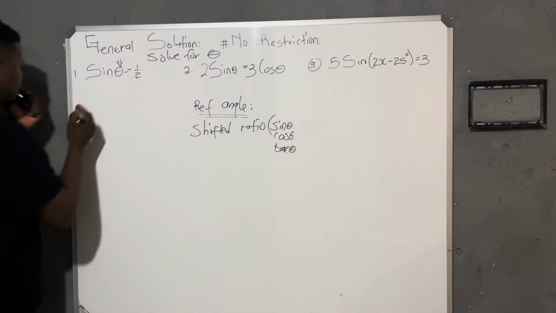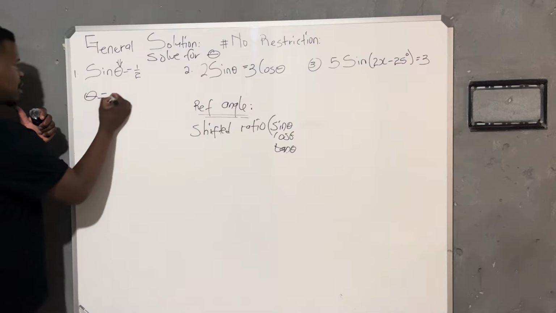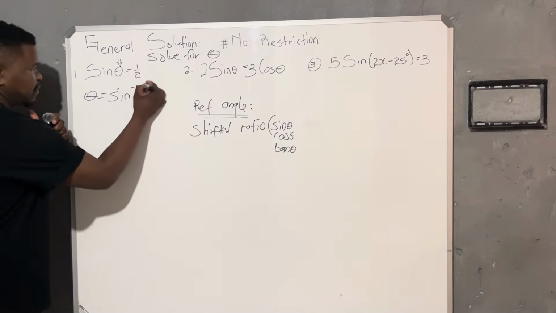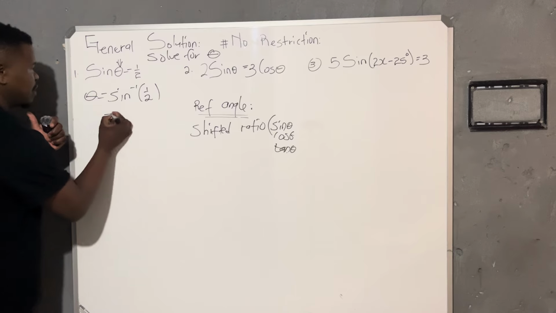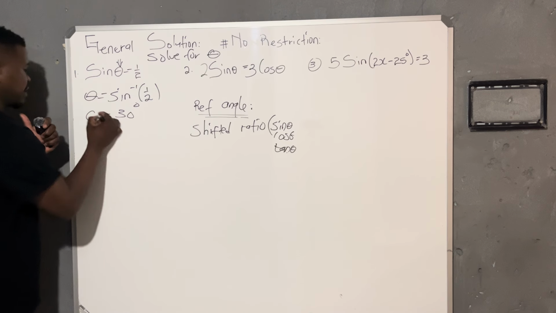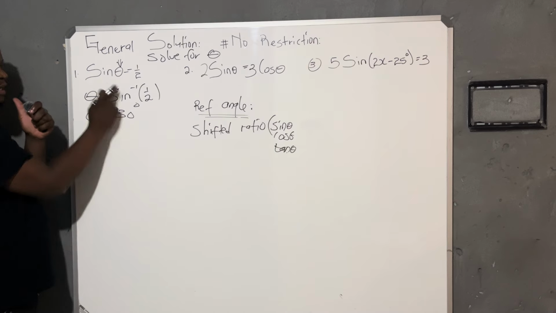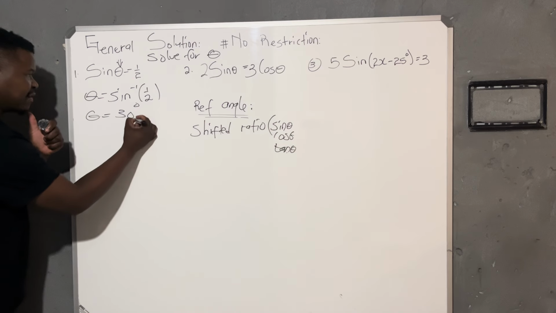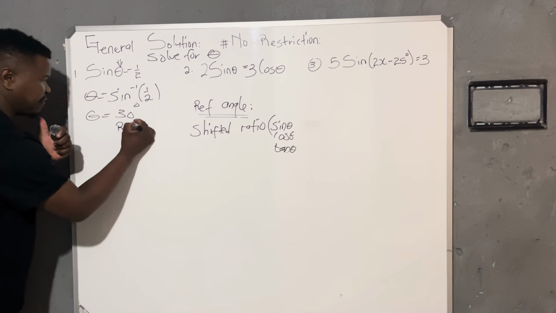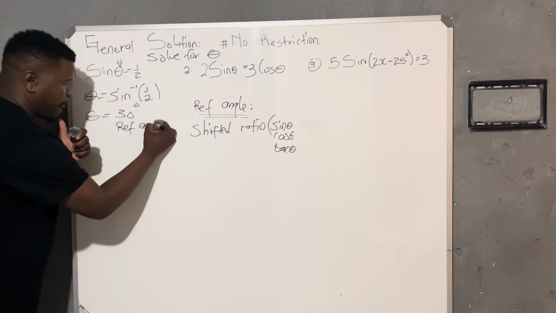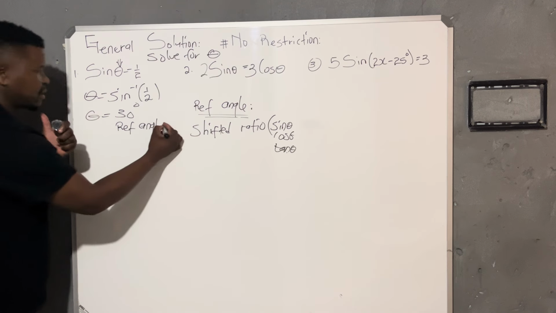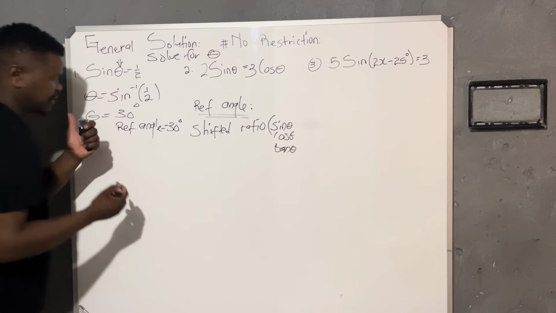Now, most learners, they've got tendency of doing this. Eventually, you are getting your 30. After I shifted sine, I got a 30. It makes 30 become my reference angle. What is my reference angle? It's 30.